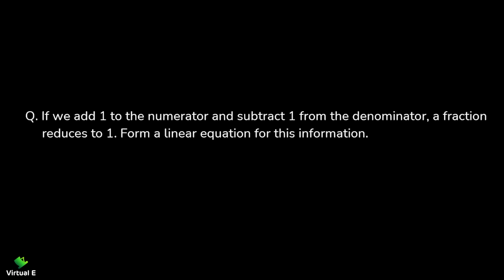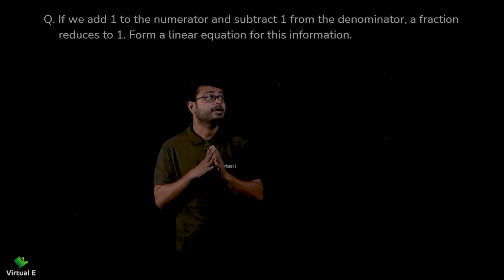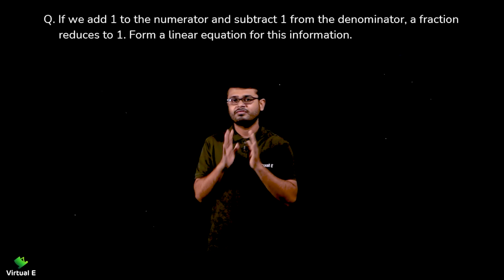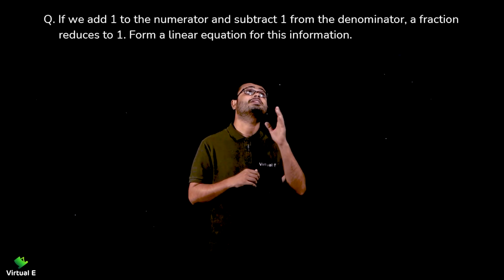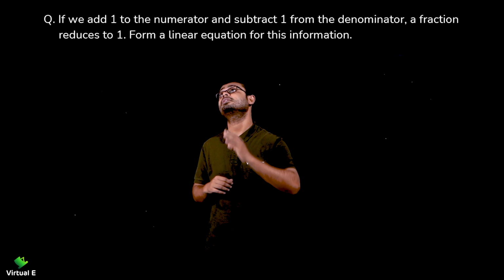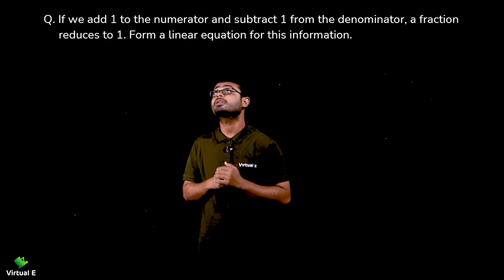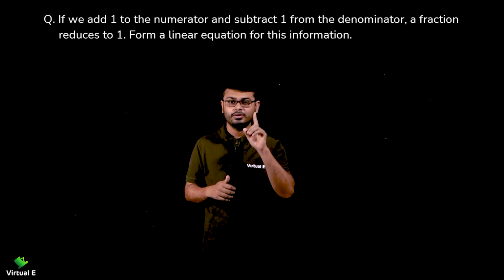If we add 1 to the numerator and subtract 1 from the denominator, a fraction reduces to 1. Form a linear equation for this information. Okay, so this is the case of a fraction. Now a fraction has a numerator and denominator, and it is given that you need to add 1 to the numerator and subtract 1 from the denominator, then your fraction will be 1.